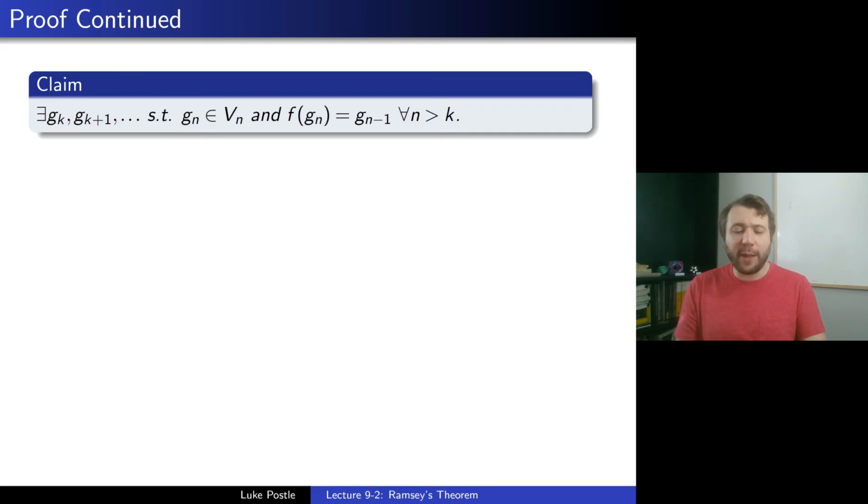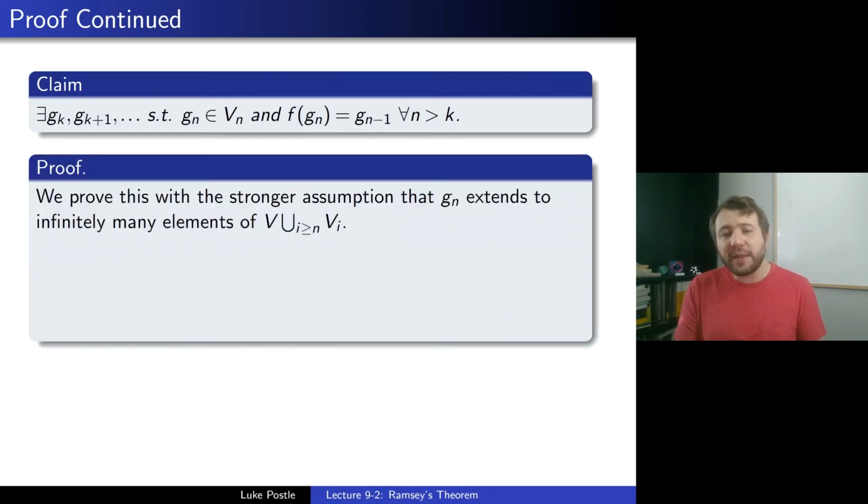We're going to have a bad coloring g_k of the first k vertices, extend that to a bad coloring of k plus 1, and so on, off to infinity. And then by compactness that will form a coloring of the whole infinite set, which will be bad, a contradiction.